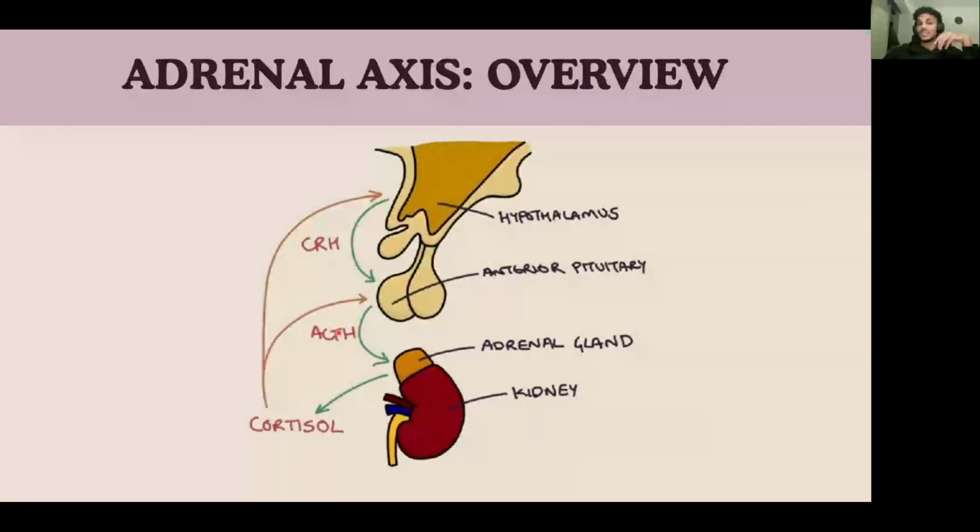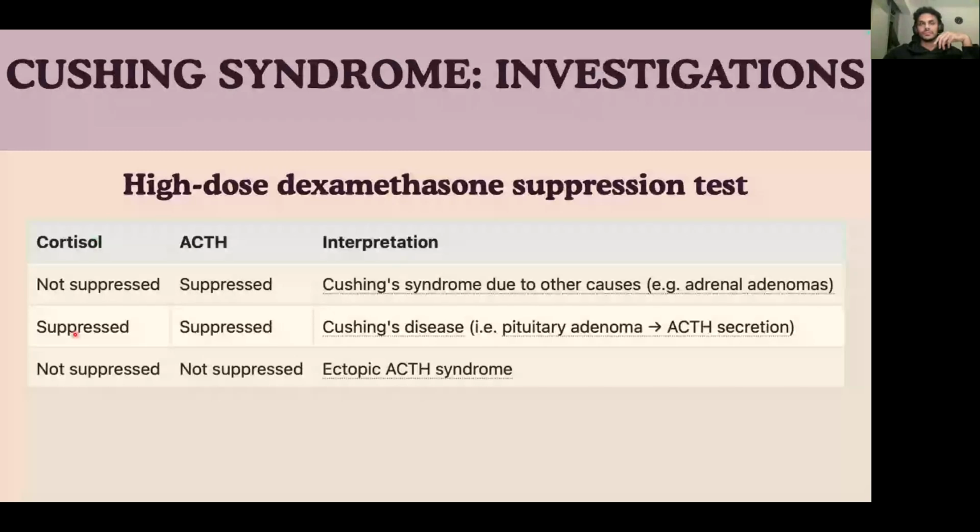It's ACTH independent production. If cortisol is suppressed and ACTH is also suppressed, that means by stopping that ACTH, you were able to stop the cortisol production, and that means what is at fault is the ACTH in an adrenal adenoma. And if you're not able to suppress either of them, then it's ectopic ACTH.